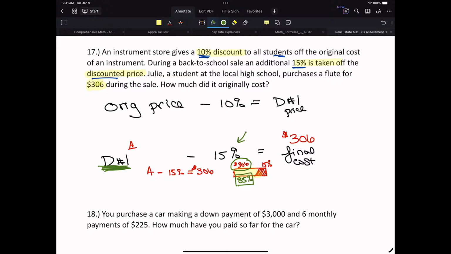So I can say that $306 is 85% of what number? Whatever A was, which was discounted price number 1, if I found 85% of this, that would give me 306.